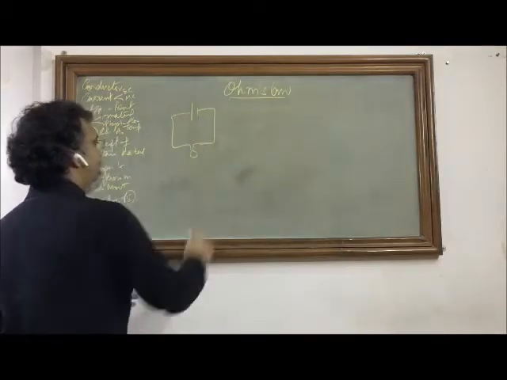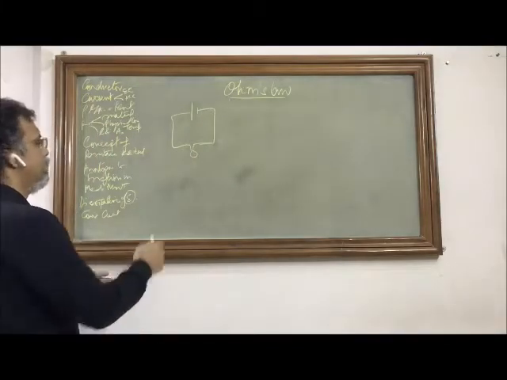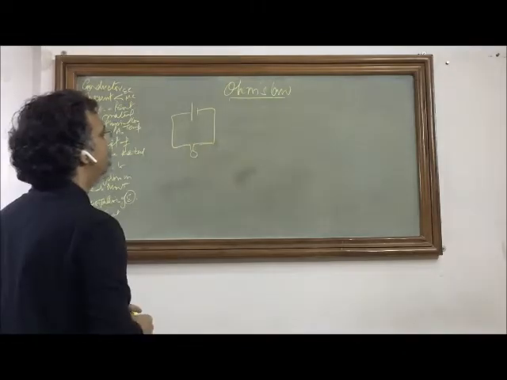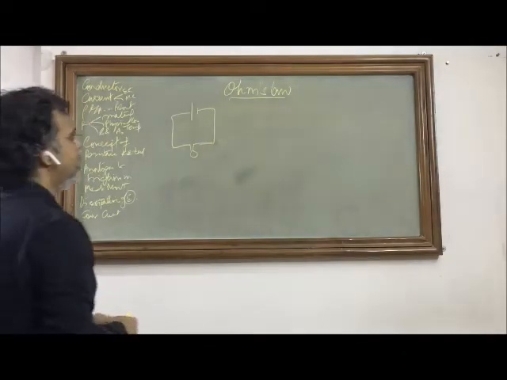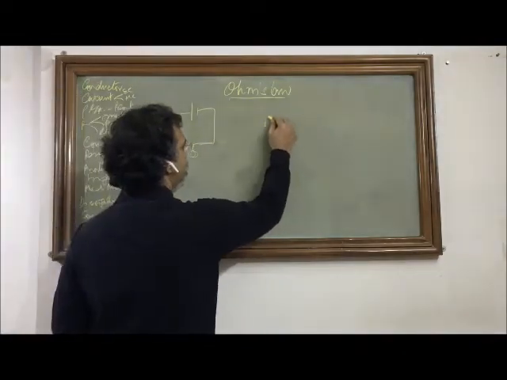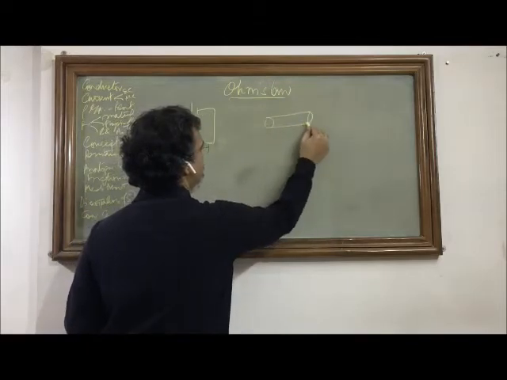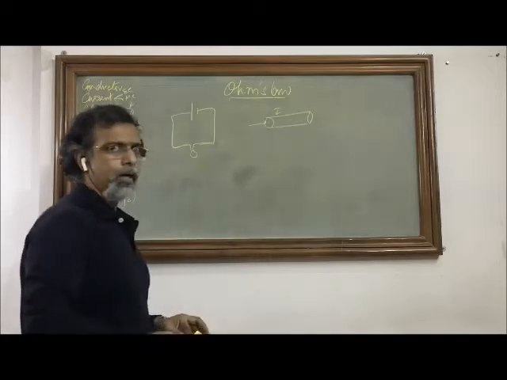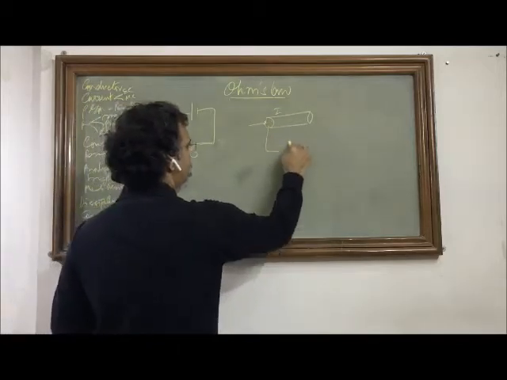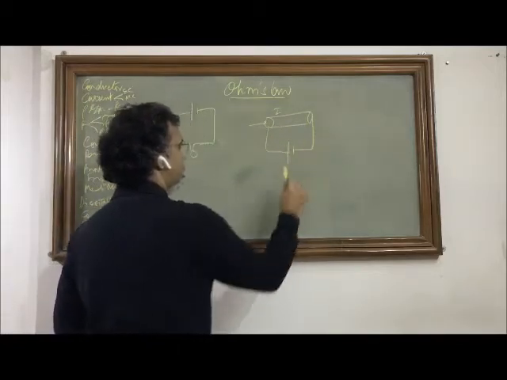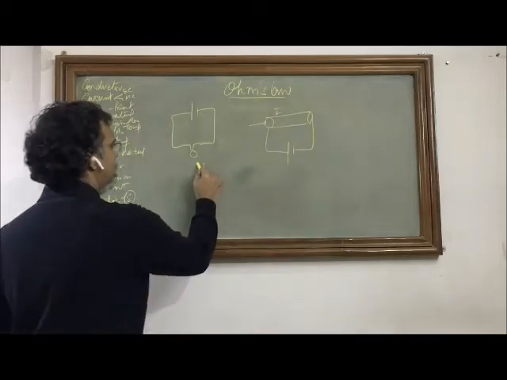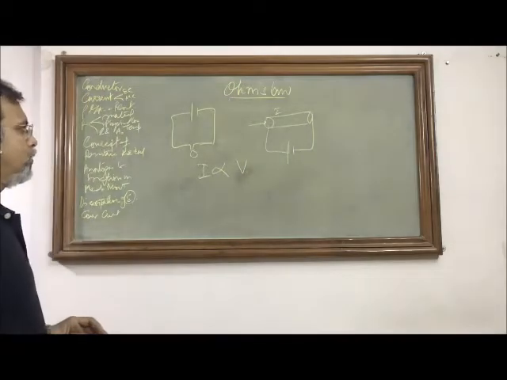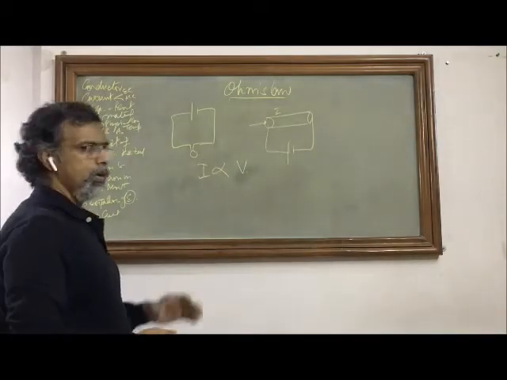To explain the features of current flowing in this circuit, there is a law referred to as Ohm's law, which states that the current flowing through a conductor is directly proportional to the potential difference applied across it, which means the current is directly proportional to the voltage across it.